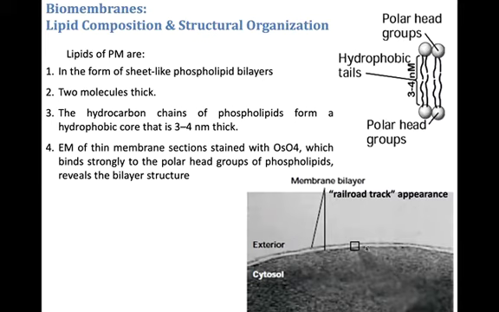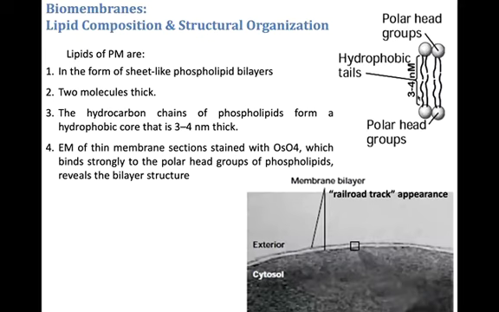That's why it appears on the EM as a railroad track appearance, because it stains only the heads, since the stain is polar. And you can see that the thickness of the layer is actually 3 to 4 nanometers.